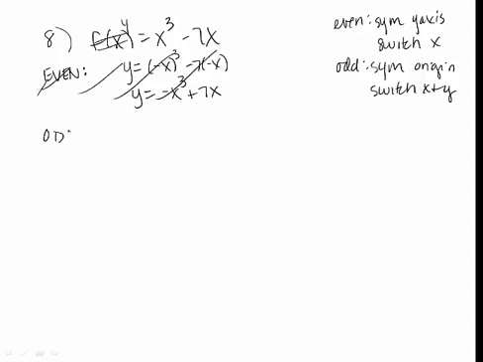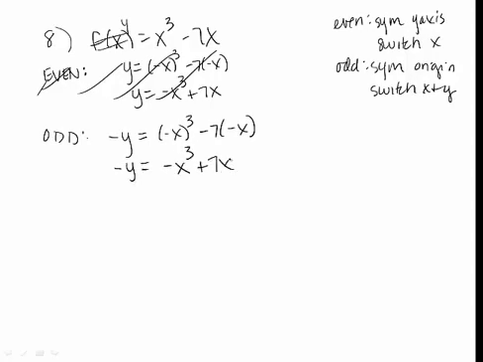So let's try odd now. For odd, we replace both of them. Again, we said just a second ago that it becomes negative x cubed and a positive 7x. There's a negative in front of that, so really you have to divide everything by -1, which creates this equation.